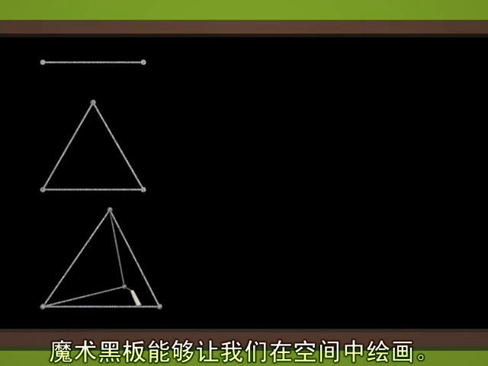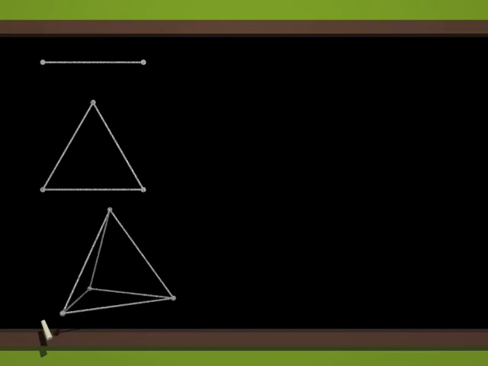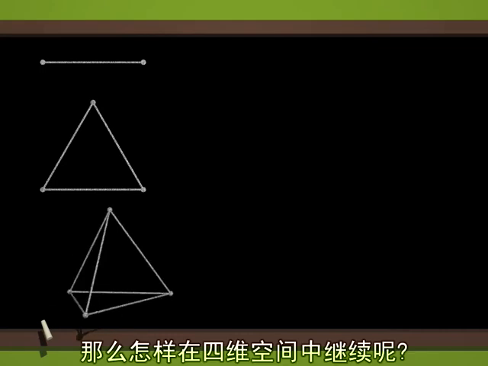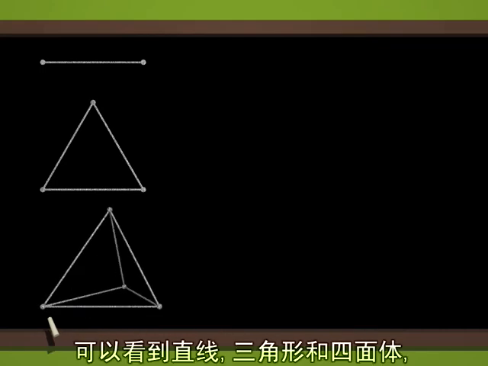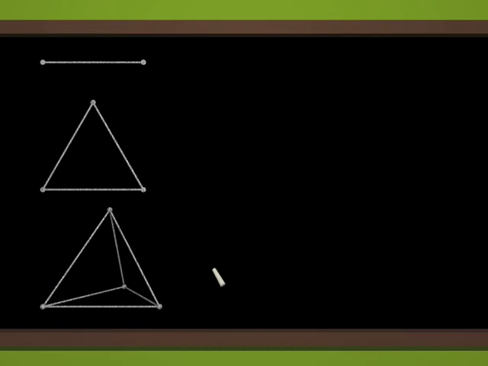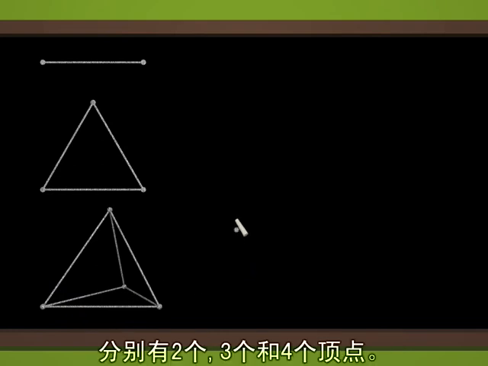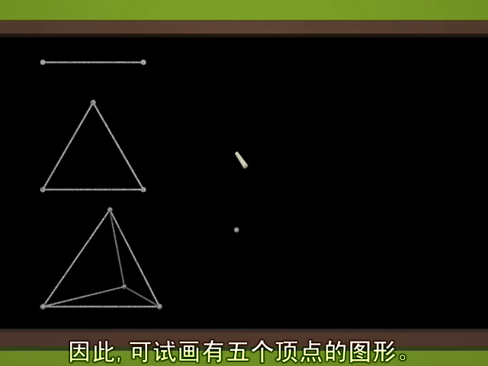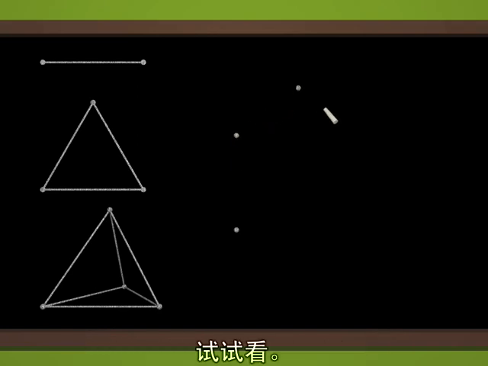Our magical blackboard enables us to draw in space. How can we keep this up in 4 dimensions? Observe that the segment, the triangle and the tetrahedron have 2, 3, and 4 vertices respectively. Therefore, we can try to continue with 5 vertices.